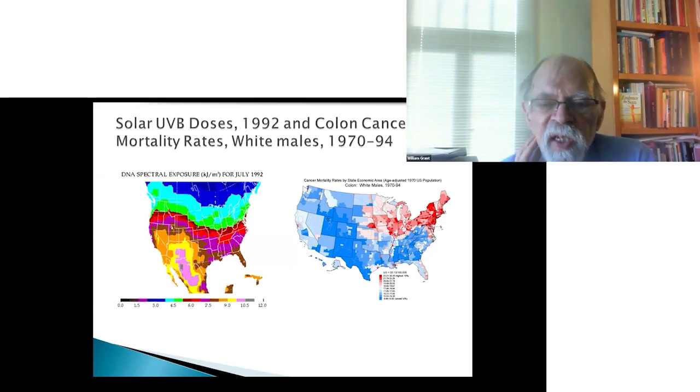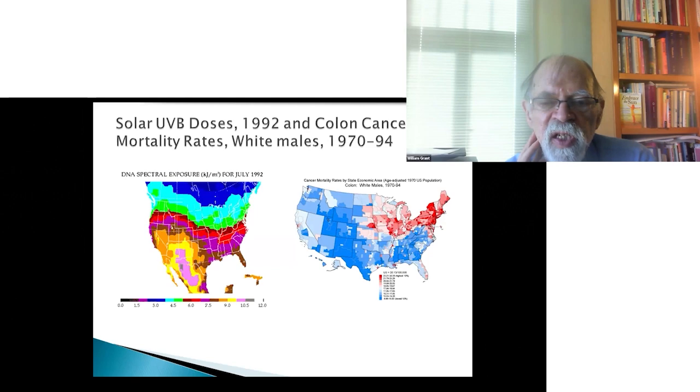So there are three things that affect this and make it asymmetrical. In the western half of the United States, the surface elevation is generally much higher because of all the mountains and just the high desert and so on. So with less atmosphere to penetrate, there's more UVB, less scattering by the atmosphere.